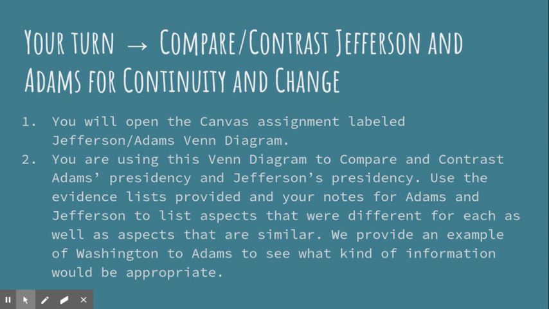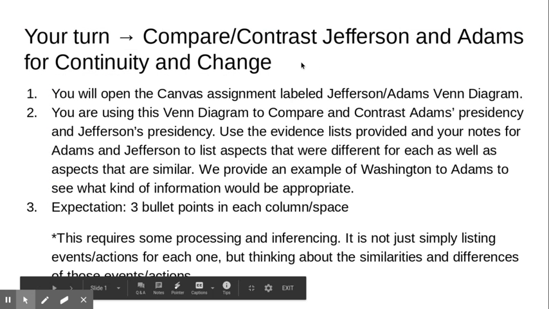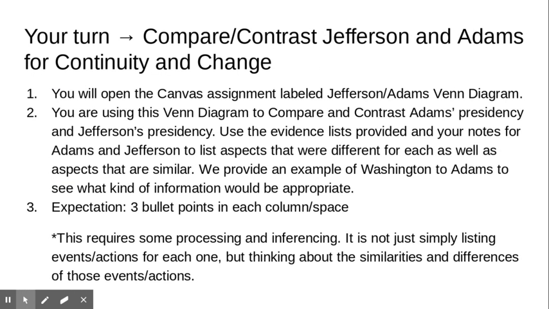Directions for this particular assignment are written out in the Canvas assignment as well as on the slides themselves. You'll notice that slide 4 is where you will be doing your work. We have the instructions, so using those evidence lists provided as well as your notes, list aspects that were different for each as well as aspects that were similar.